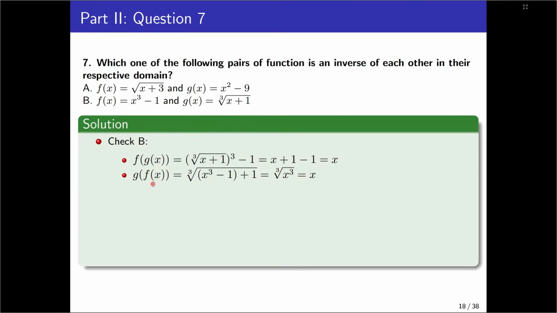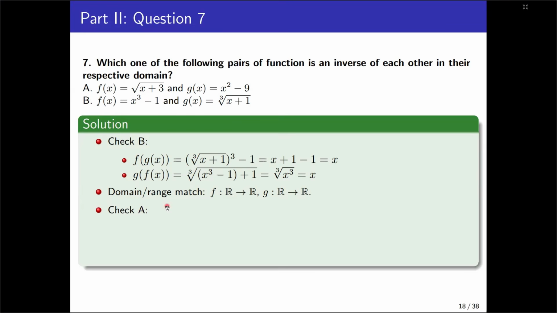Also, when we compose them the other way, g composite f of x equals the cube root of x cubed minus 1 plus 1, which is equal to the cube root of x cubed, which is equal to x. The minus 1 plus 1 cancels. Both f and g are from R to R. Therefore, f is the inverse of the given function g of x.